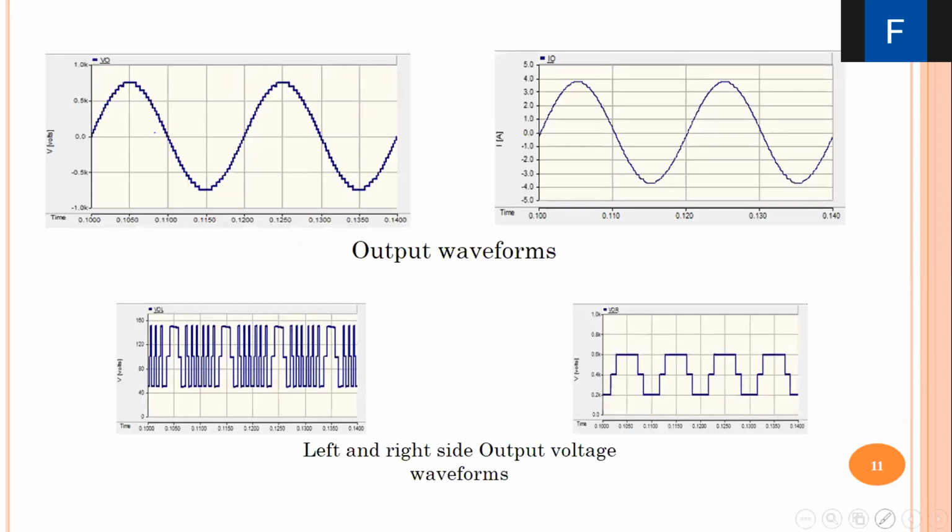The simulation results are here, and as we've seen, VO is very similar to a sinusoidal, and IO also. And in the bottom we have the output voltage on the left side and the right side, and by summing them, the main output voltage waveform is obtained.